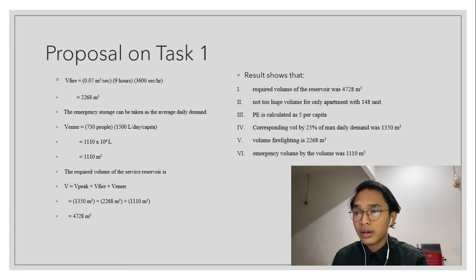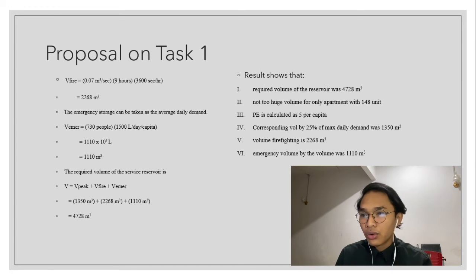So the volume for firefighting was 2,268 cubic meters. Next we need to identify the emergency storage. In this calculation, we use the population equivalent and the average daily demand. So the volume for emergency storage was 1,110 cubic meters.